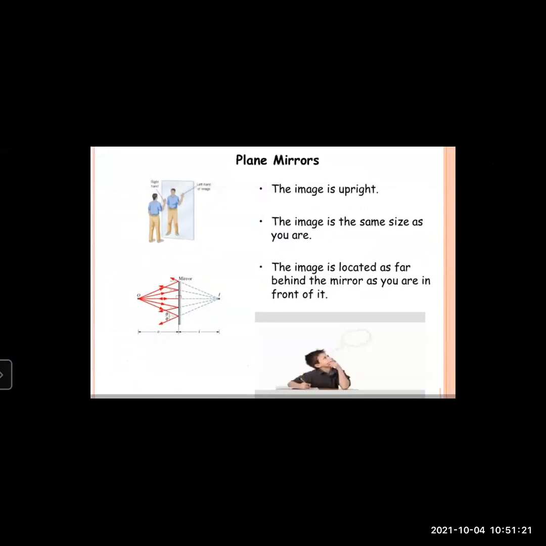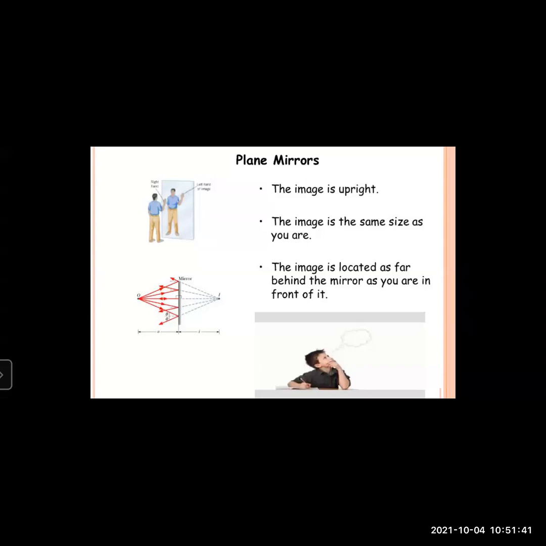Okay, so this is plane mirror. These are the properties of plane mirrors. The first one is the image is upright. The image is the same size as you are. The image is located as far behind the mirror as you are in front of the mirror.